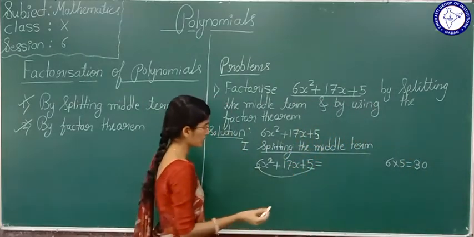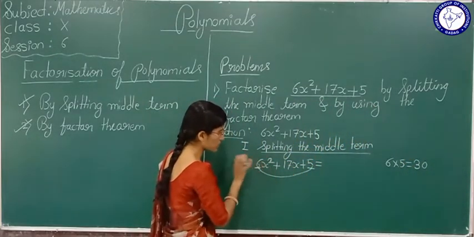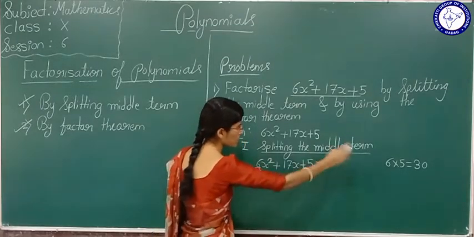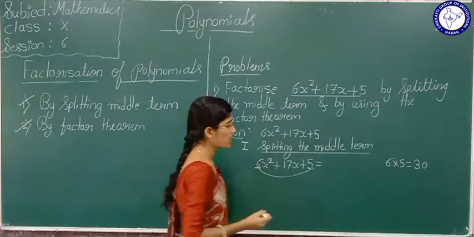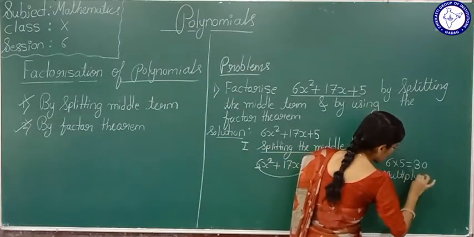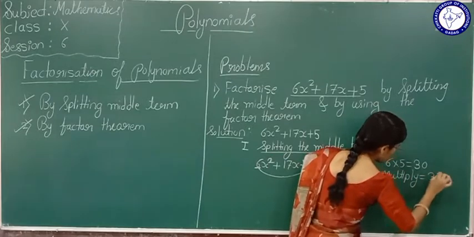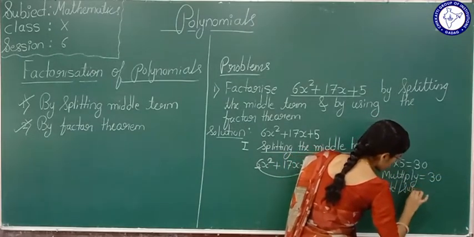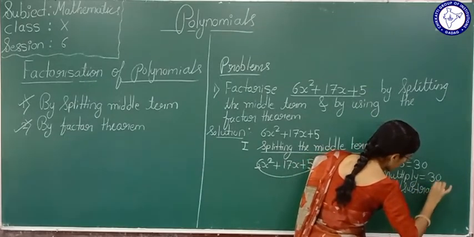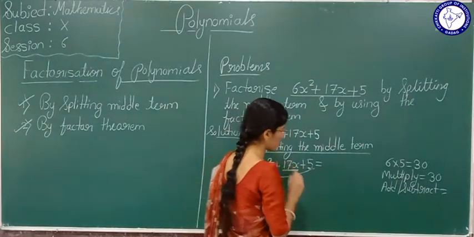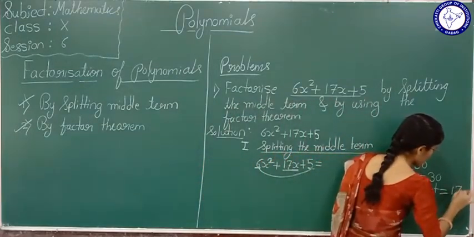Once again, the x square coefficient and the constant term you have to multiply. 6 fives are 30. If you multiply, 30 should come. If we add or subtract, the middle term 17 should come.